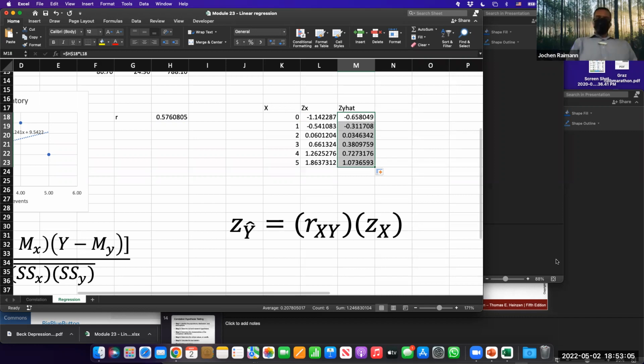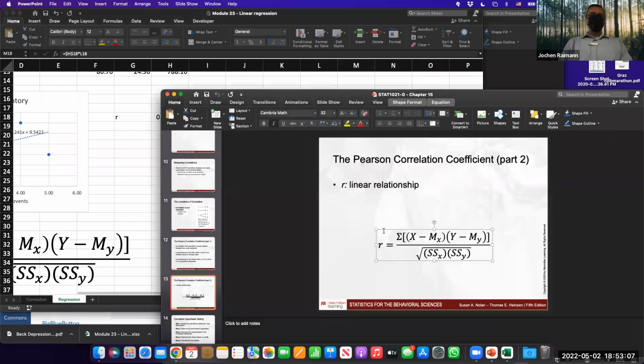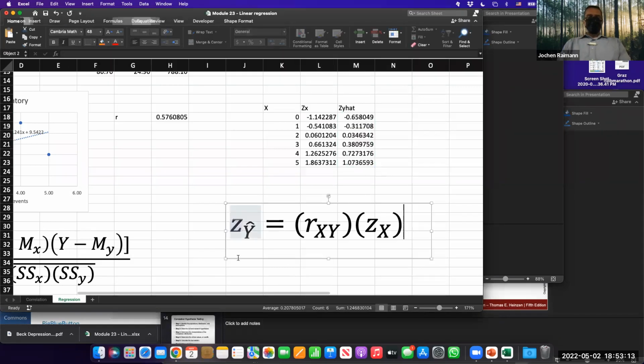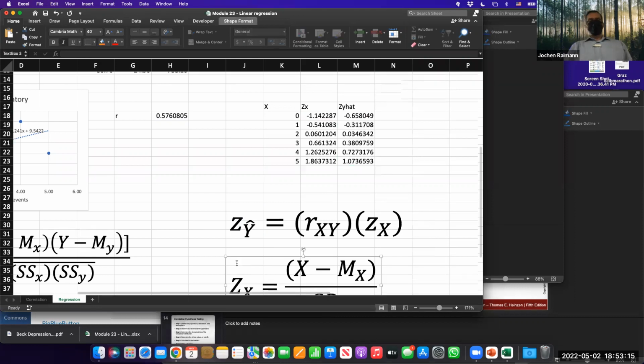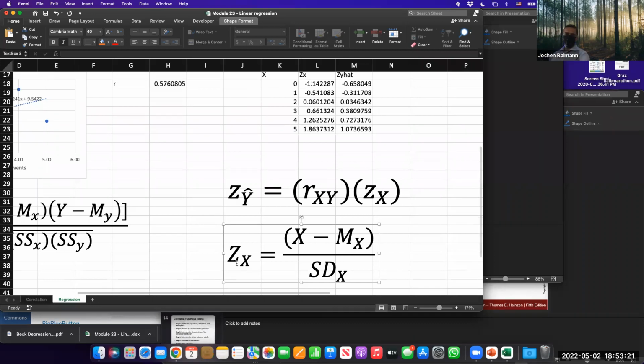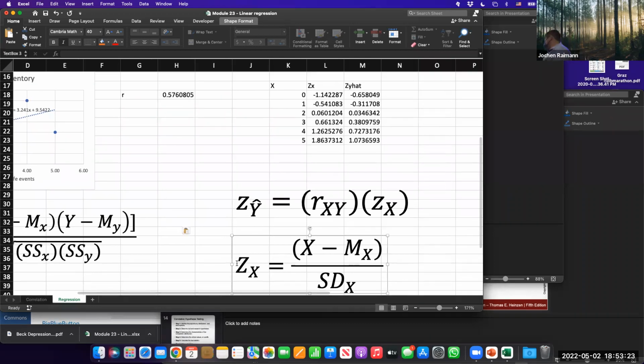So now when you look at this equation, how you calculate z x, you're treating now the retransformation of your z y hat to a y hat in the very same fashion, right? So if you say, okay, this is a standardized score that basically indicates how far this raw score is located away from the mean in terms of standard deviation.